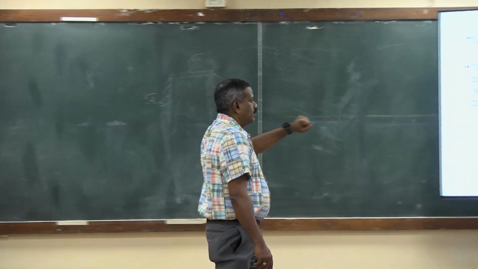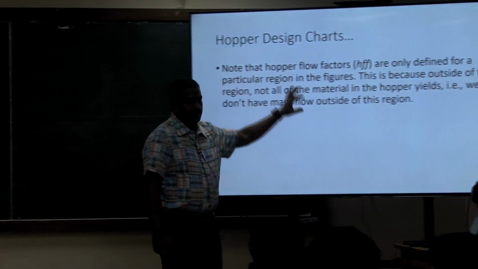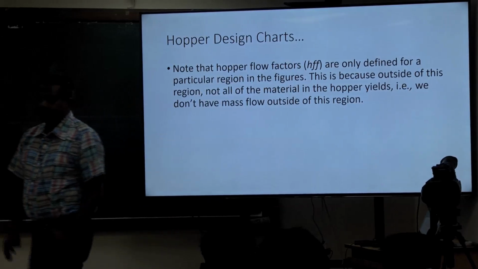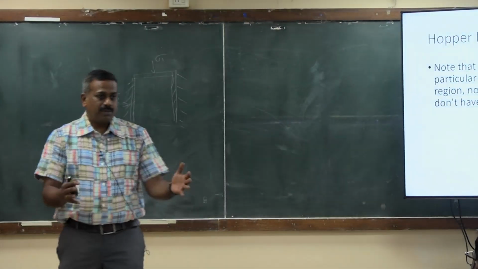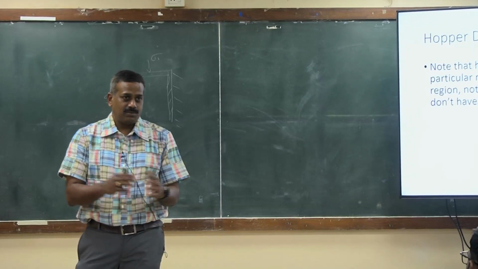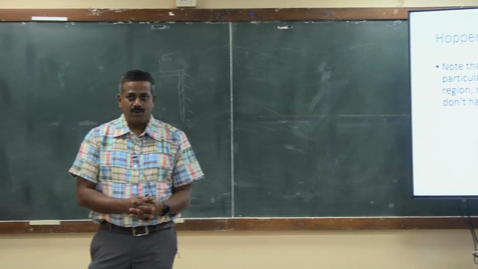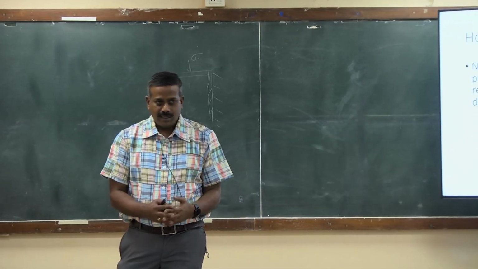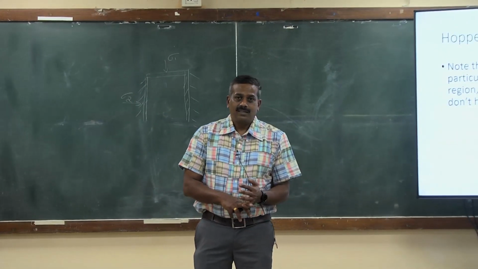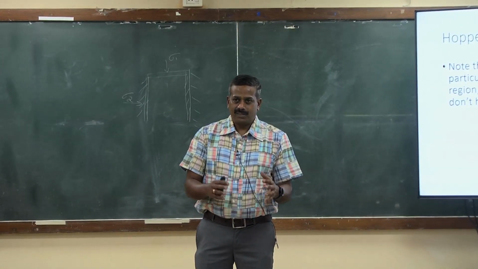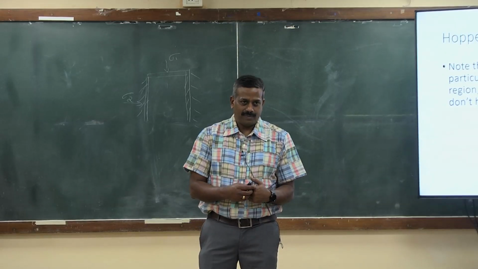So again, as we talked about, he developed those relationships for mass flow hoppers, for some areas where mass flow occurs. Beyond that region, you can assume the flow will be either funnel flow or it doesn't flow. Right. So at those conditions, you will have to use external flow aids like external vibration systems, pneumatic systems, etc. Okay.